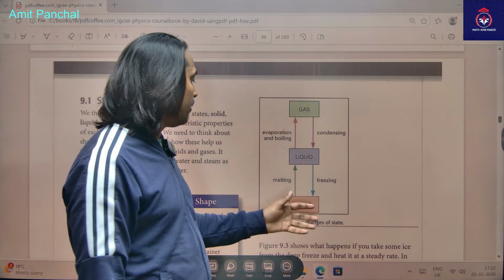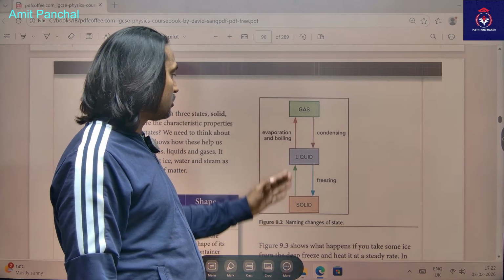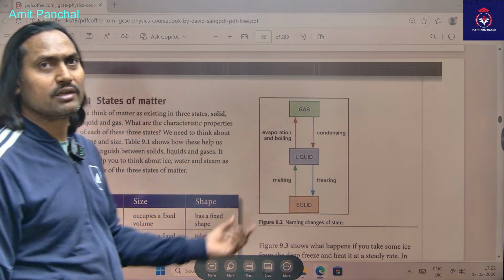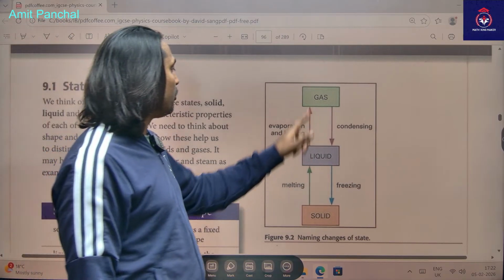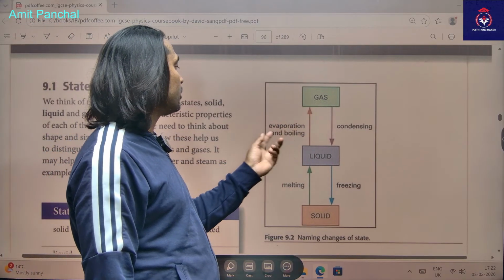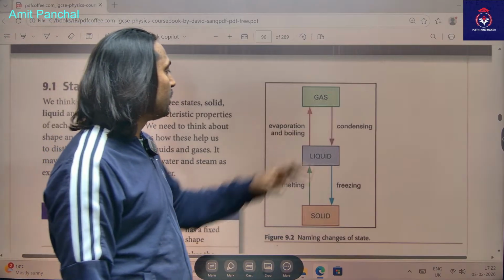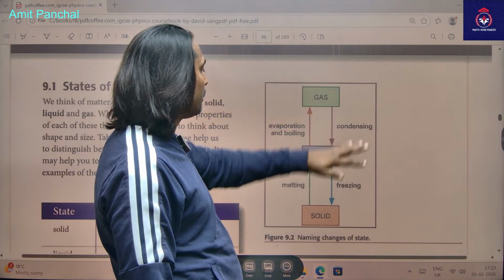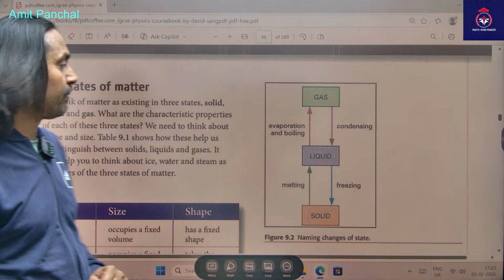The process of converting solid into liquid is said to be melting. Liquid to gas is called evaporation or boiling. Gas to liquid is called condensing, and liquid to solid is called freezing.